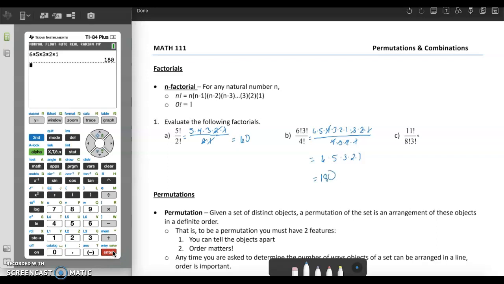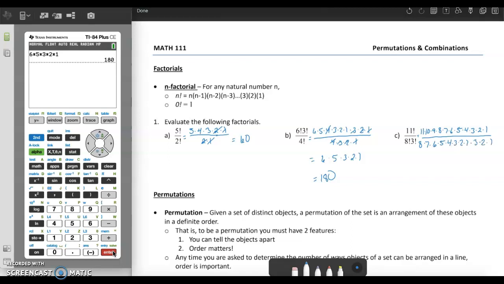This one's going to be kind of long. Let's see, 11 factorial. I hope I have room to write it here. 11 times 10 times 9 times 8 times 7 times 6 times 5 times 4 times 3 times 2 times 1 all over 8 times 8 factorial, which is 8 times 7 times 6 times 5 times 4 times 3 times 2 times 1 times 3 factorial, which is 3 times 2 times 1.